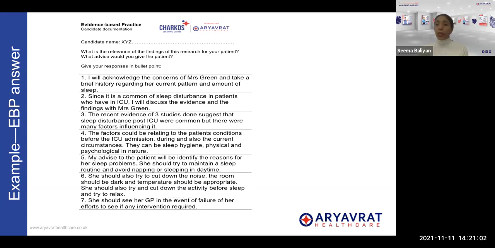So in this way, we are able to discuss with Mrs. Green and explain the findings, using the evidence base to alleviate her anxiety about the sleep deprivation after her ICU admission. And we can explain the management, and we can also expect that with all these interventions, she is going to have a better outcome.